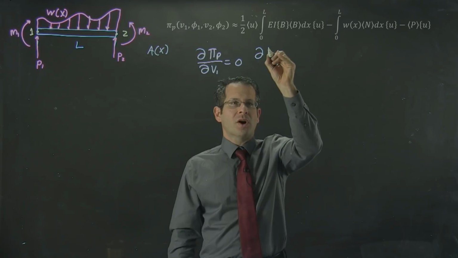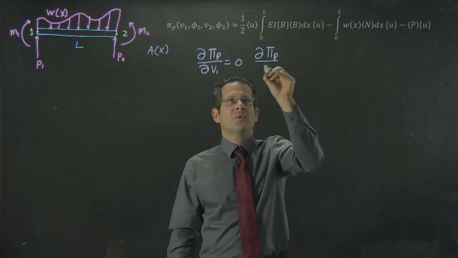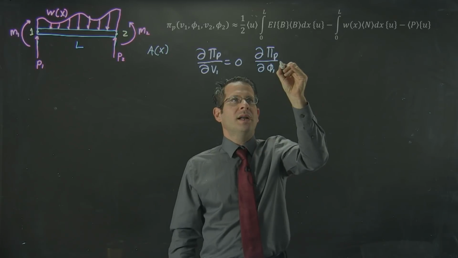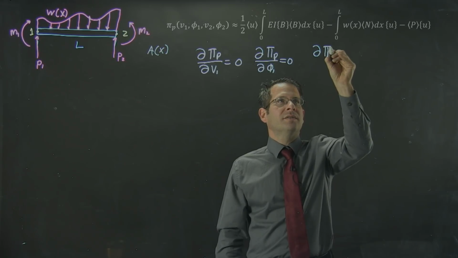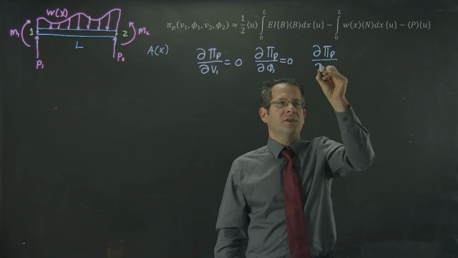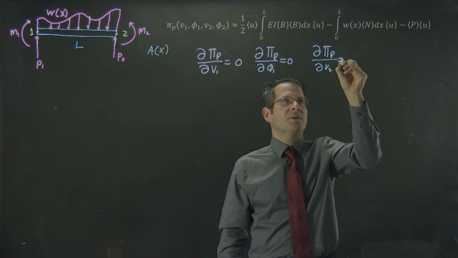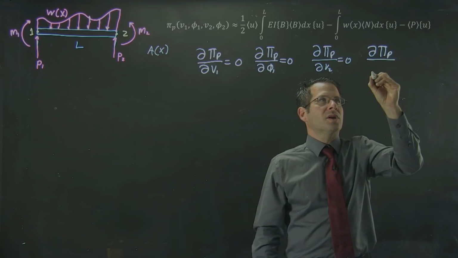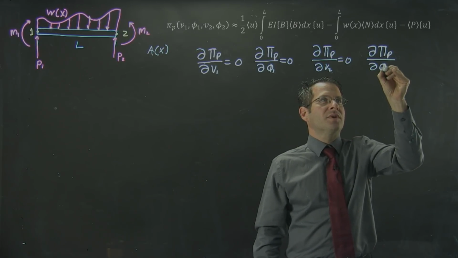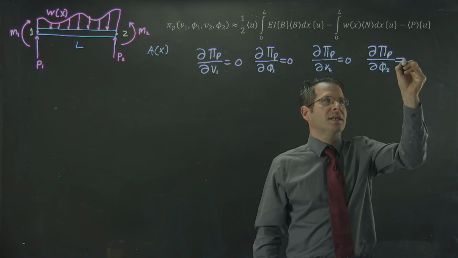I will find the partial derivative with respect to phi1, and set it to 0. I will set the partial derivative of my total potential energy with respect to v2 equal to 0, and I will find the partial derivative with respect to phi2, and set it to 0.